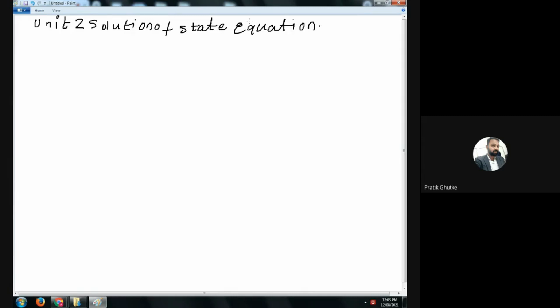Okay. We have started with the numerical. What was the numerical? A system is represented by the state equation.